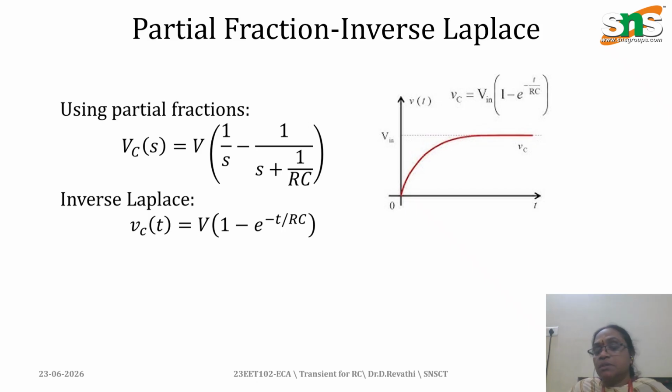This is the response of the RC circuit. If there is a sudden change in the input of the circuit, it reaches the steady state condition after some time, at t equals 1, t equals 2, t equals 3, and then it reaches the steady state.